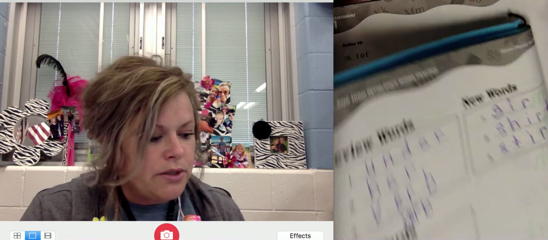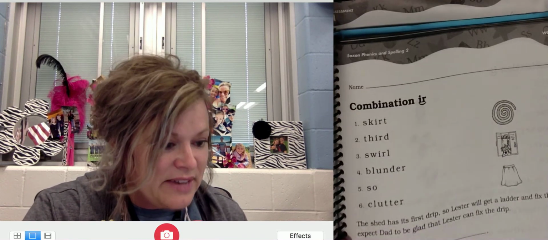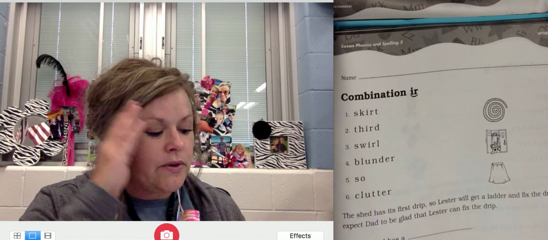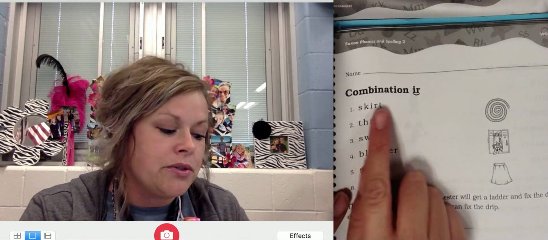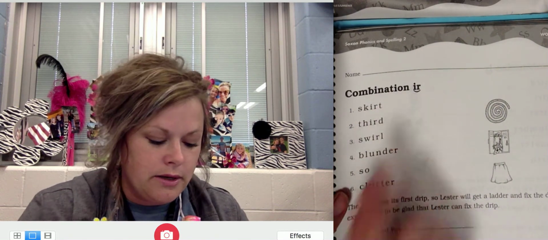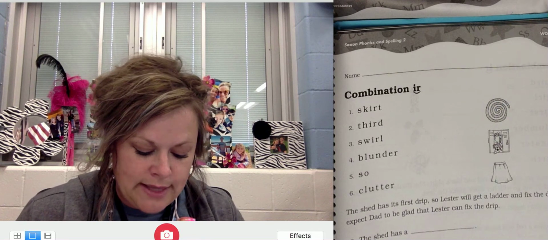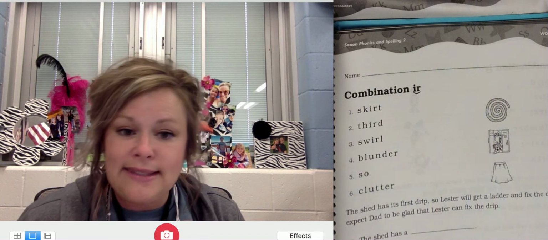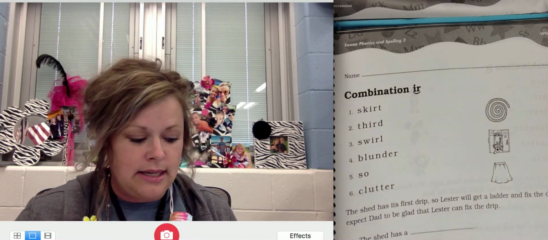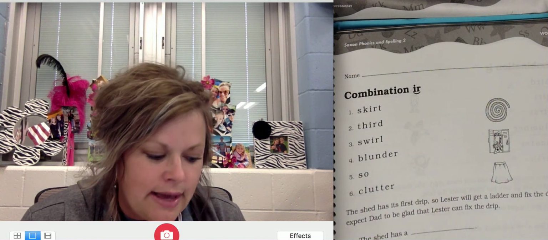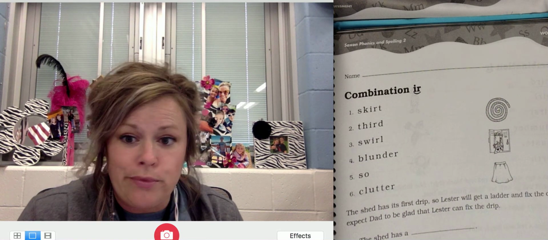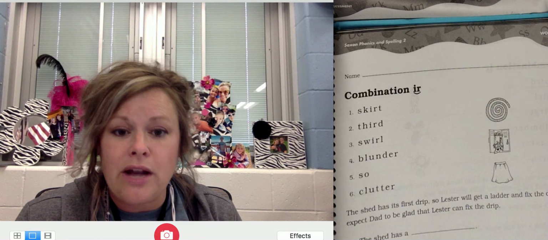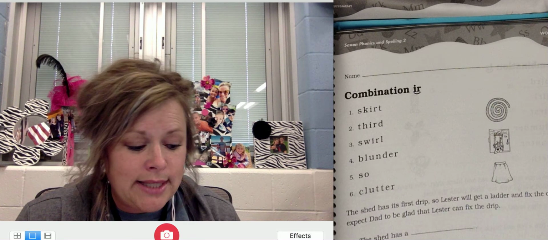We're going to go on to our coding today, and here's number 1. If you forget how to code combinations, there's your little clue right up there with the arc. We are going to go ahead and take a look at number 1, S-K-I-R-T. S-K-I-R-T, how do we code that word? If we don't know it, we need to code it so we can figure out what are the sounds it makes and blend it together.